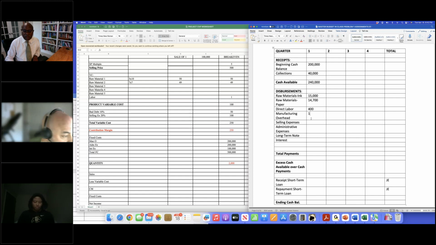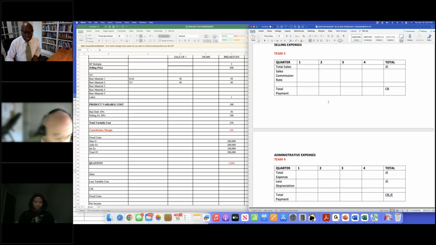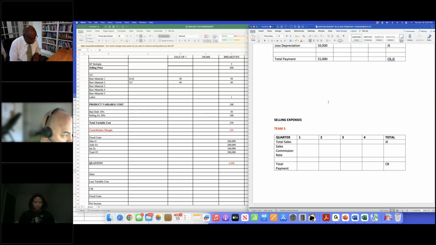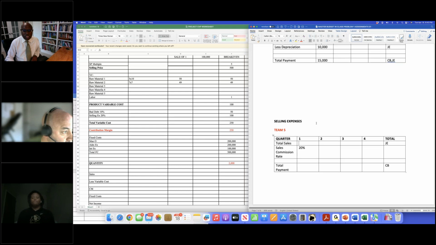Selling expenses. The selling expense rate we said we're going to use is 20%. What's our total sales in the first quarter? We'll go to the sales budget.